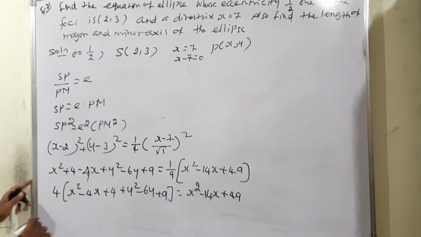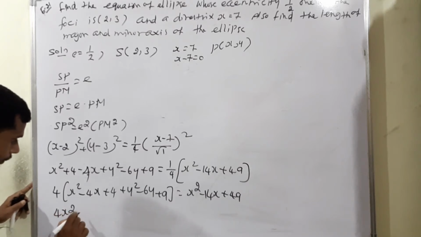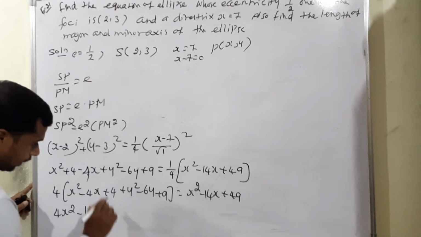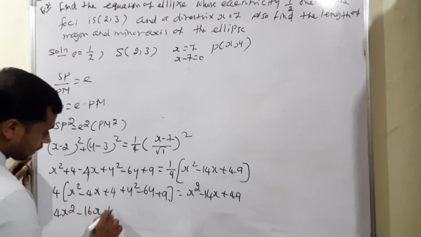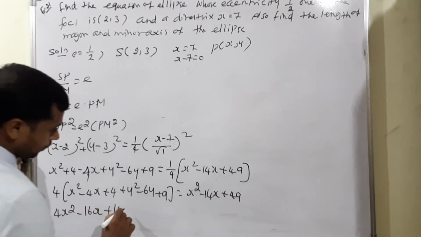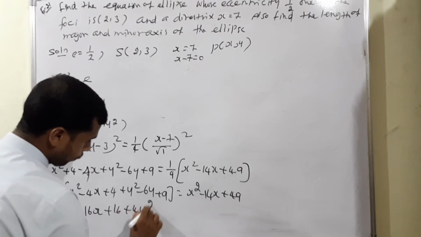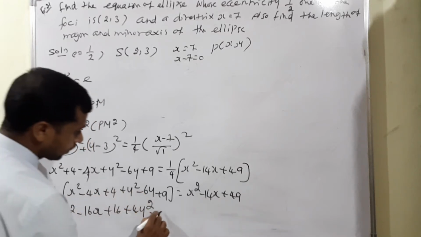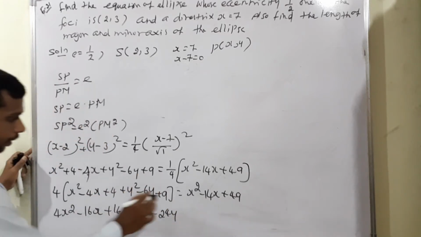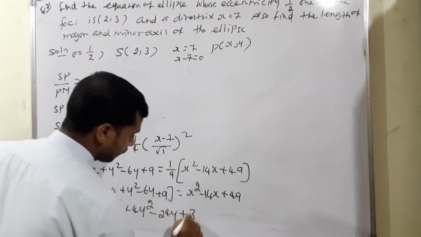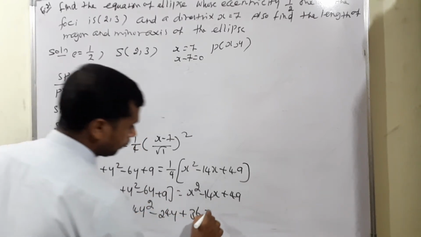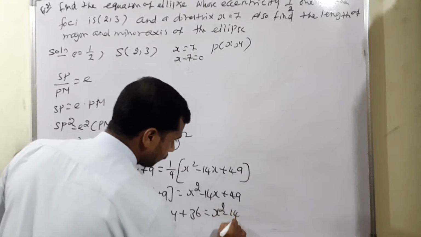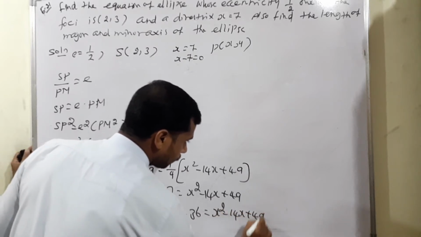Multiplying each term by 4: 4x square minus 16x, 4 into 4 means plus 16, then plus 4y square, 6 into 4 means minus 24y, 9 fours are 36, plus 36 is equal to x square minus 14x plus 49.